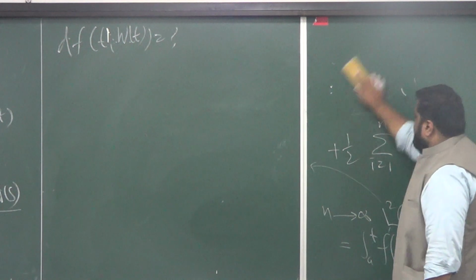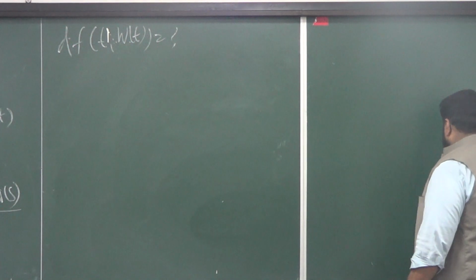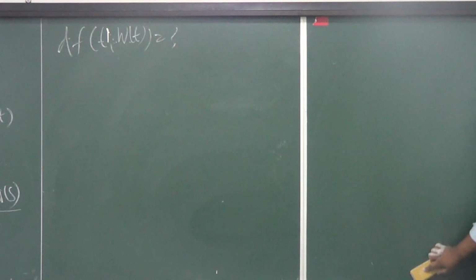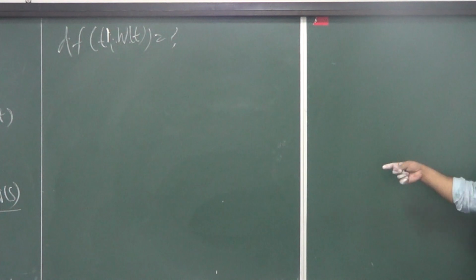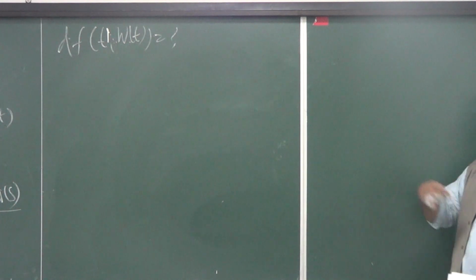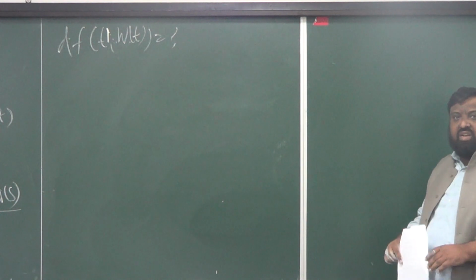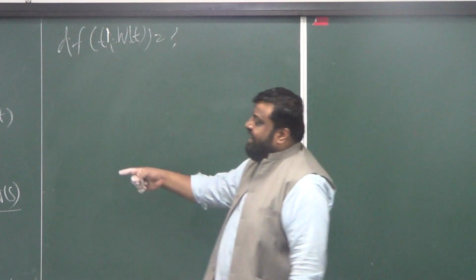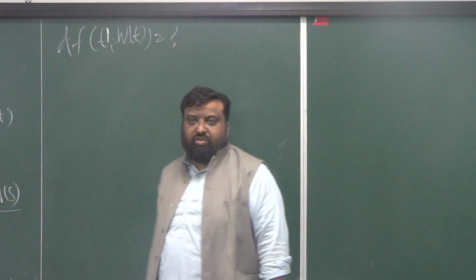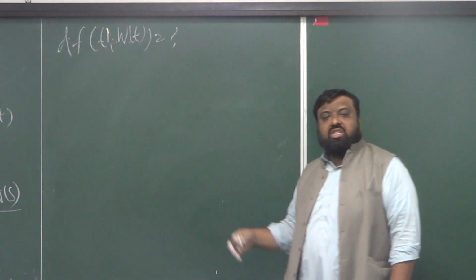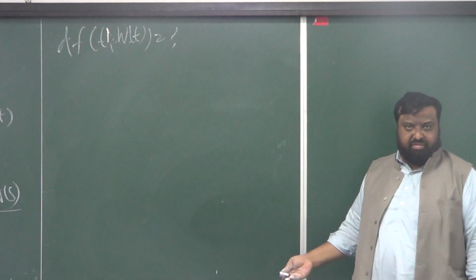So how are we going to do it? We're going to do precisely what we did here. We're going to start with a Taylor expansion, take limits and try to come up with an integral version of an Itô formula. That's the simplest form of the Itô formula, when the function is only a function of Brownian motion.